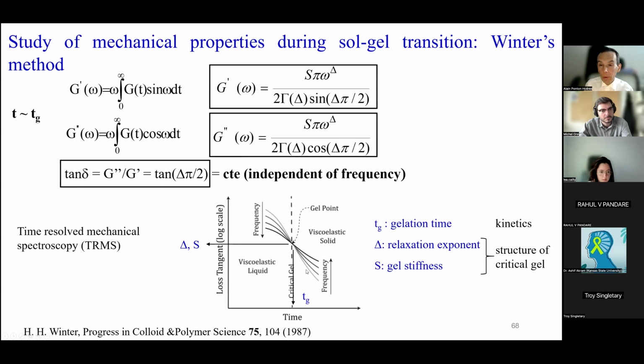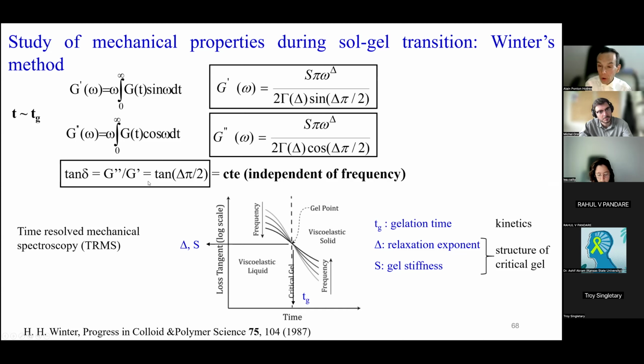So we perform oscillatory measurements. By Fourier transform, you can obtain the frequency dependence of the elastic and loss moduli. And you can see that the ratio of these two moduli is independent of frequency.